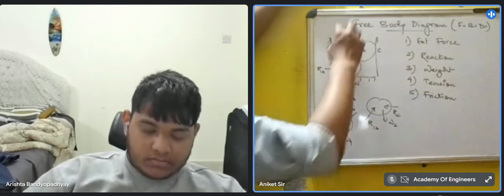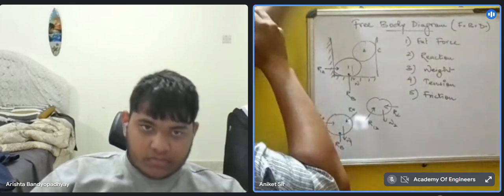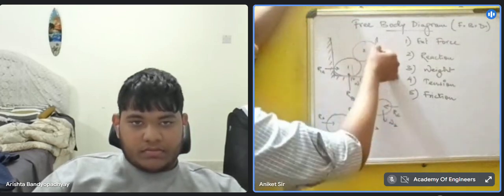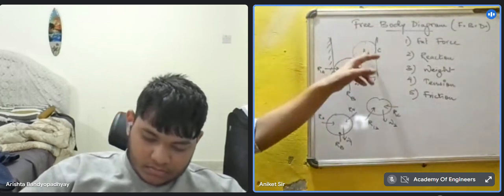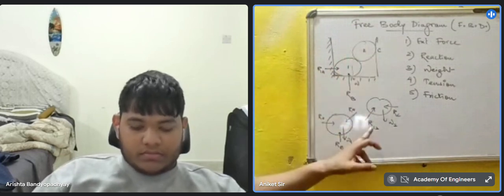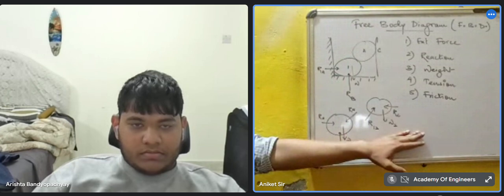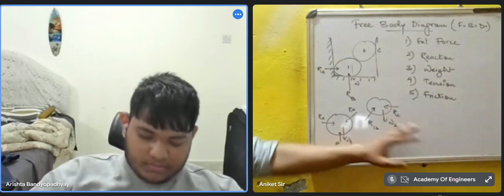Now you see, there is ball 2. How many forces are affecting it? One is RC, the reaction from surface C on ball 2, its weight downward, and its reaction from 1 to 2. These three forces are applied on it. Clear? Yes, sir.